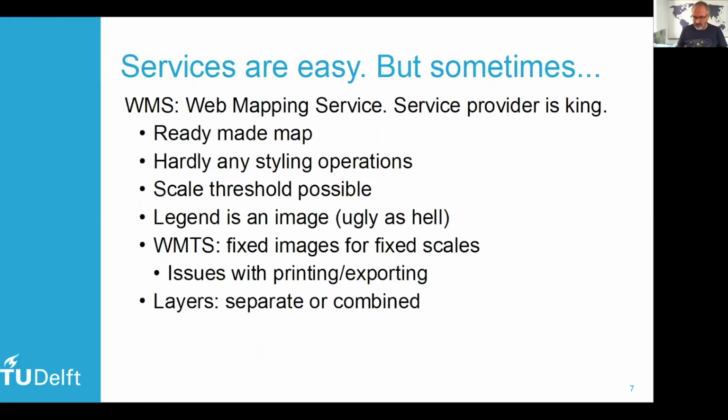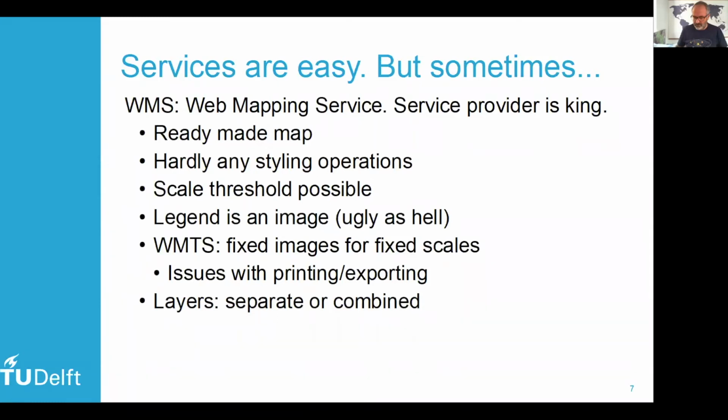If you start printing or exporting data on print level, that could give you some issues because you're asking for 16 times as much data as at the moment that you're watching it on your screen. But most of the time, WMTS is used for a very fast background map. And in that case, it's fine. But it has some issues. And we've seen that you've encountered some of those.